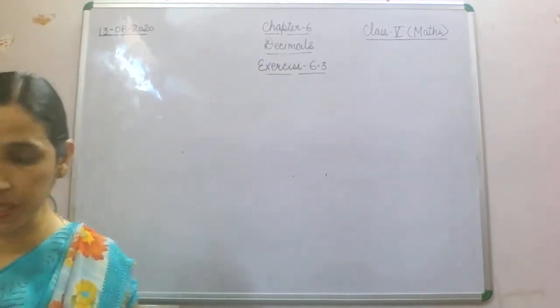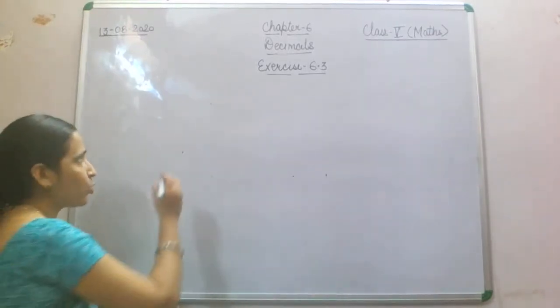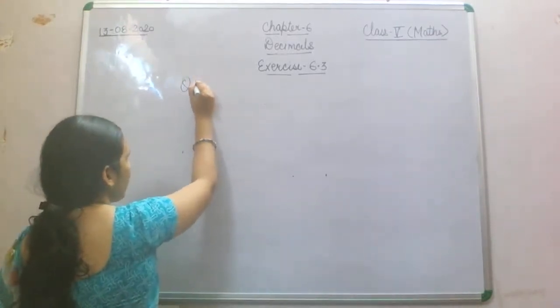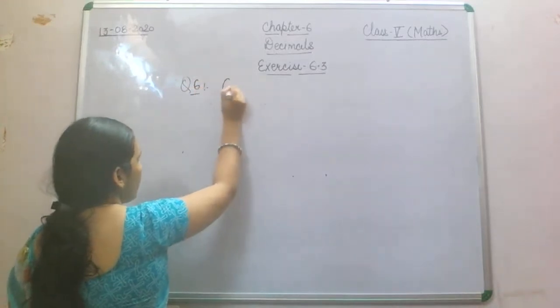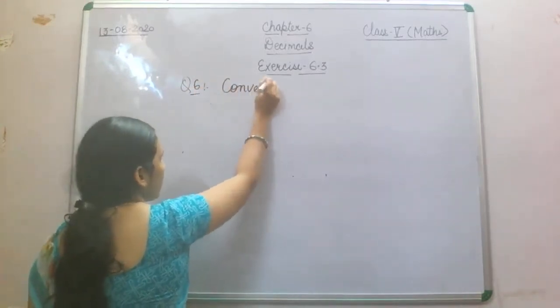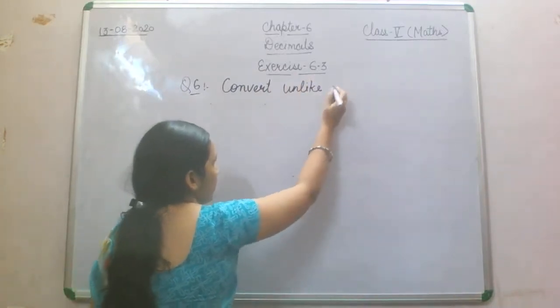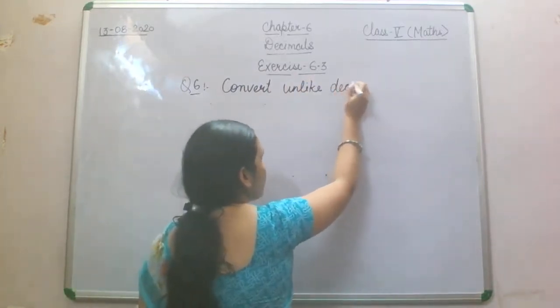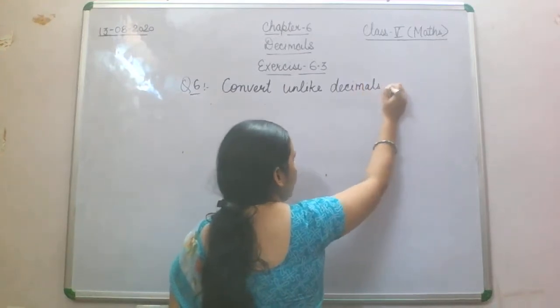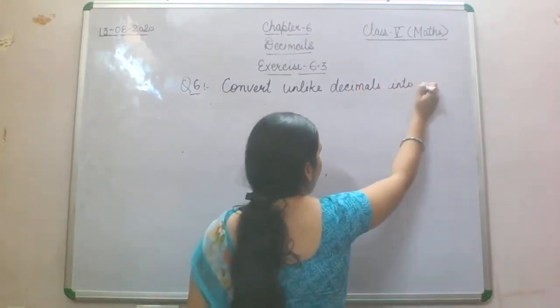Now question number 6, convert each group of unlike decimals into like decimals.